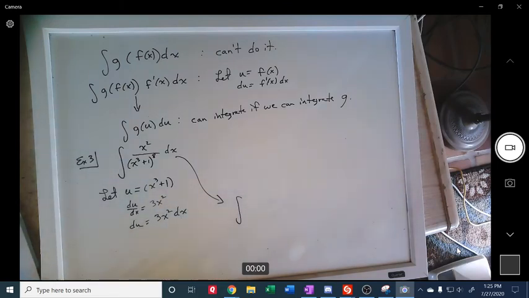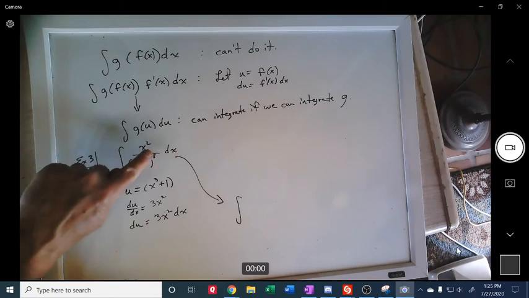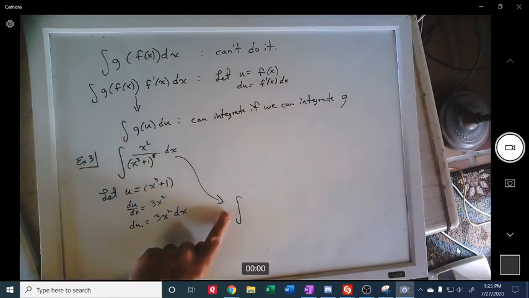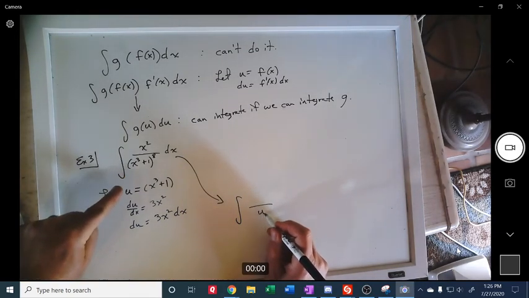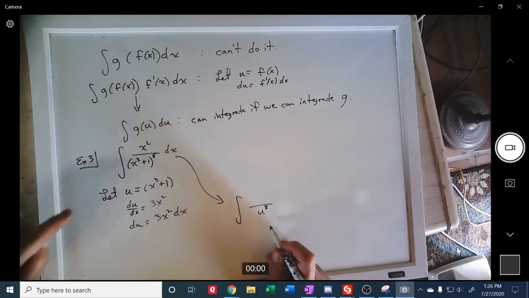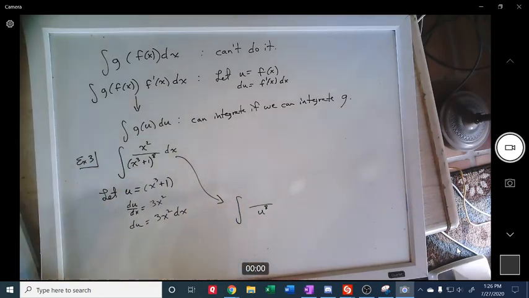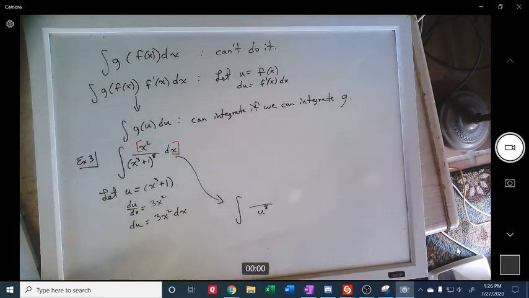Now, notice, can I write this without using any x's now? Well, the bottom is just u to the 8th. And everything else that's left, x squared dx, is right here if I divide by 3.